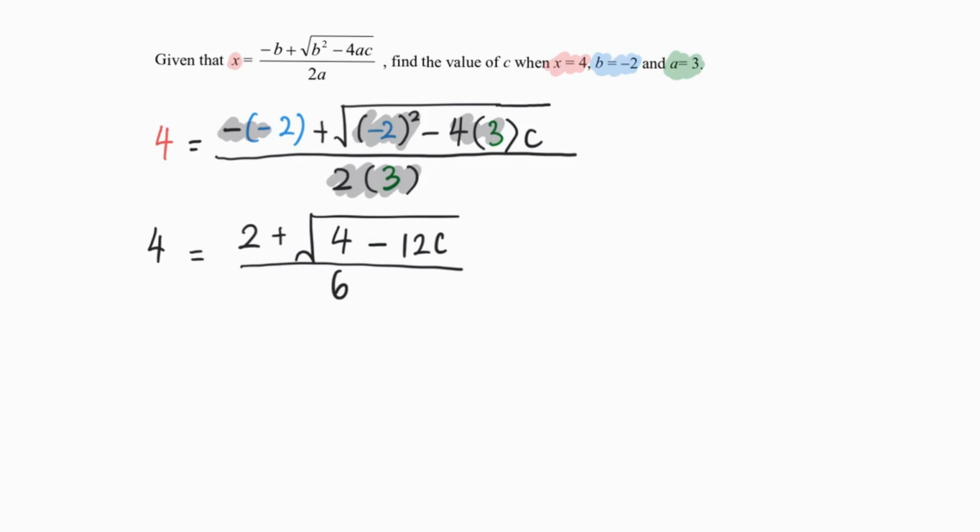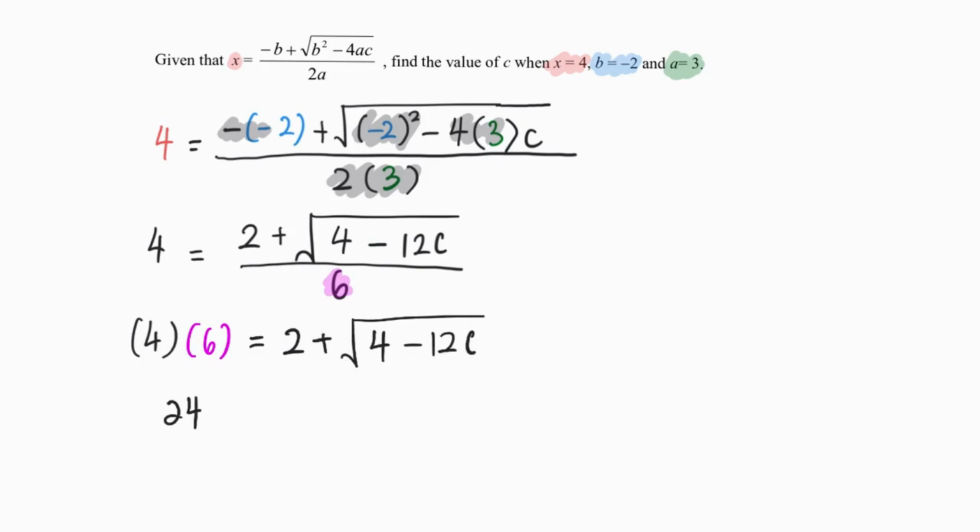so that you can see this, because 6 is here. Okay, I'm going to multiply by 6 on both sides. So this will be 24 equals to 2 plus the square root of 4 minus 12c.